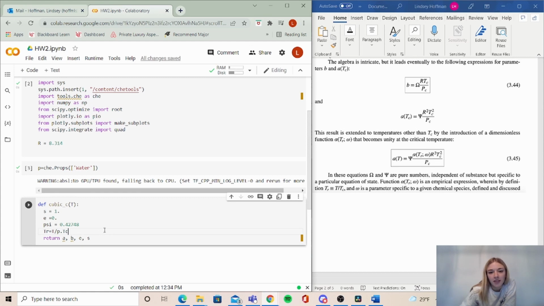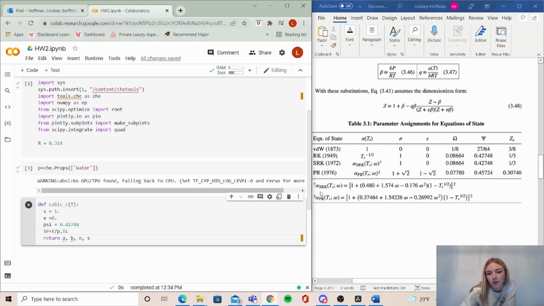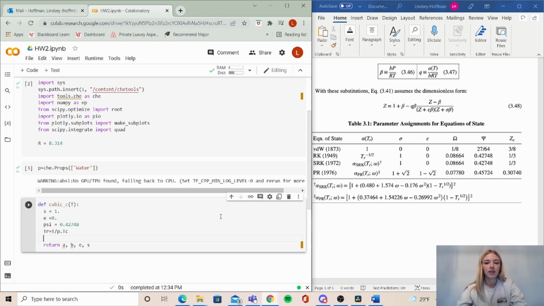So the next thing that we're going to want to look at is finding this alpha value here. So if we scroll down again, it nicely has an equation for what alpha is going to be in our SRK equation. So we can go ahead and include that. I'm going to call it alpha because it's different than our A. We notice that the whole thing is squared, so I'm going to go ahead and do that just so we don't make any mistakes.